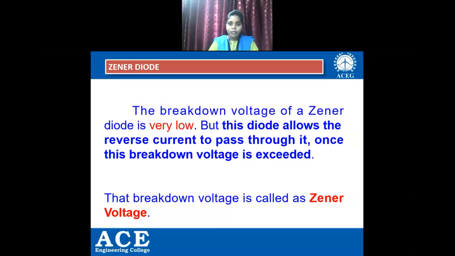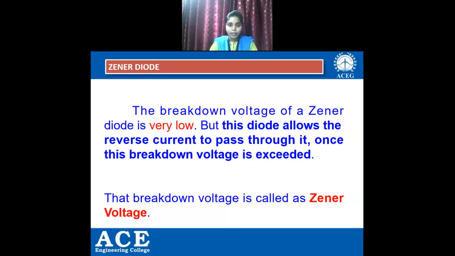Whenever we are exceeding the breakdown voltage of Zener diode, this Zener diode is going to allow the reverse current to pass through it, right? Clear? And this breakdown voltage is known as Zener voltage.